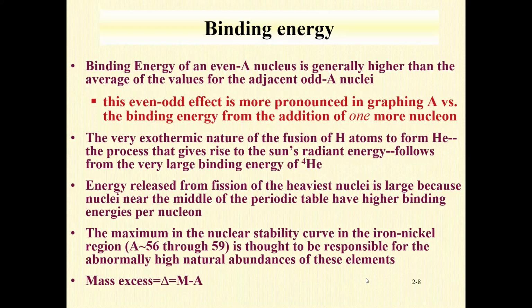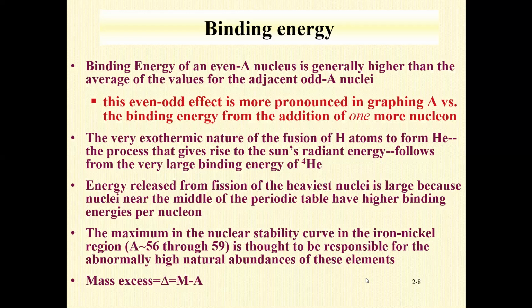Now the very exothermic nature of the fusion of hydrogen atoms to form helium, the process that, as we know, gives rise to the sun's radiant energy, follows from the very large binding energy of 4He. Second point, energy released from fission of the heaviest nuclei is large because nuclei near the middle of the periodic table have higher binding energies per nucleon.